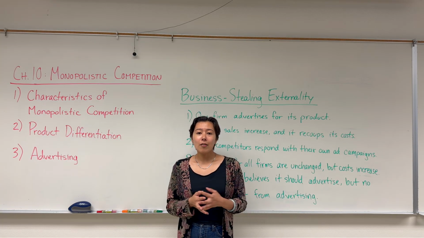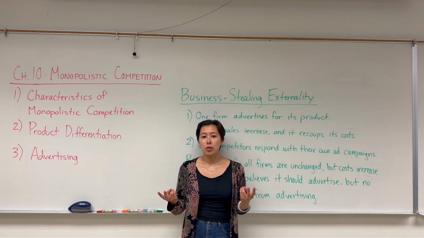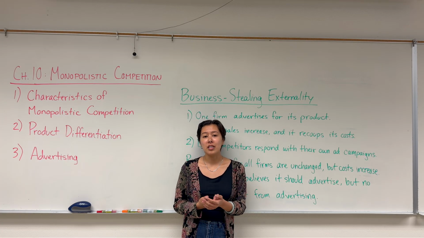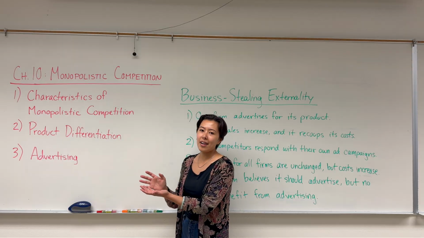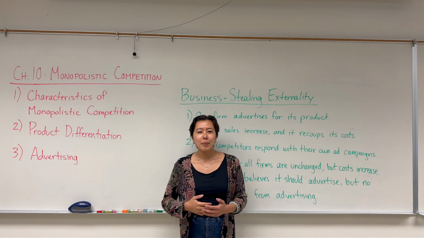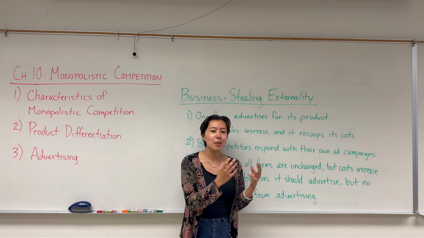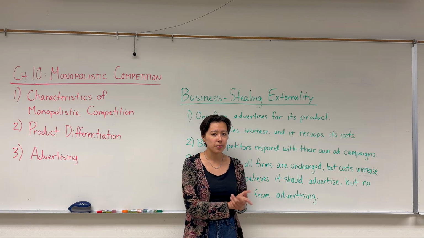An example of advertising in a perfectly competitive market is something like the Got Milk commercial. We have all of these different dairy producers in the US that are producing an essentially identical product, so they can band together as the entire dairy industry and advertise for milk in general. But typically we don't see ads for specific milk brands trying to sell their specific brand of milk to consumers.